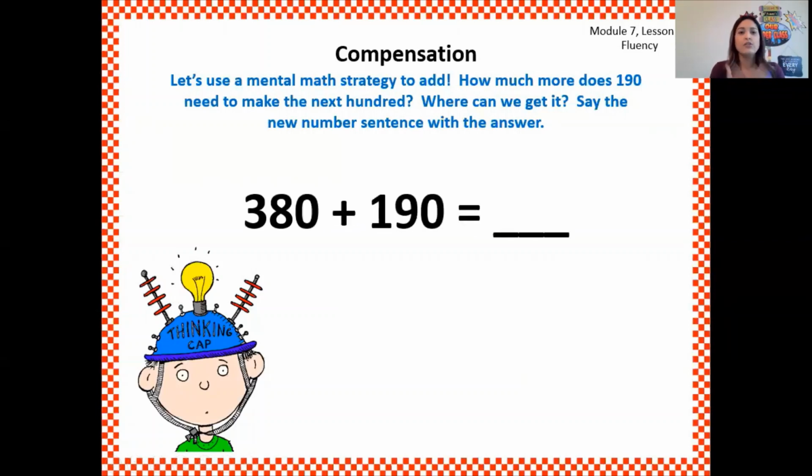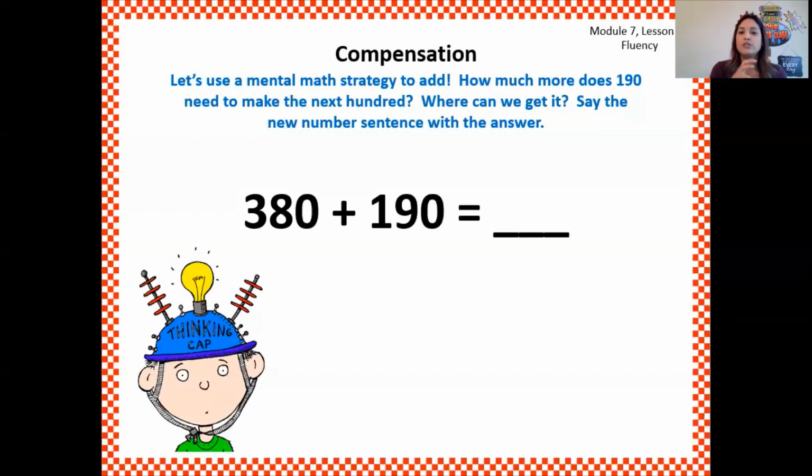You can pause the video, make your number bonds, and then come back when you have the answer. Next problem, 380 plus 190. Which number is closer to making the next 100? 190. And what does 190 need? 10. Where do we get it from? 380. So we take 10 from 380. What does 380 have left? 370.